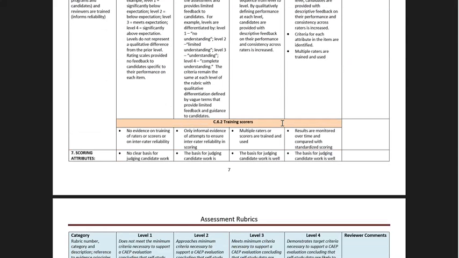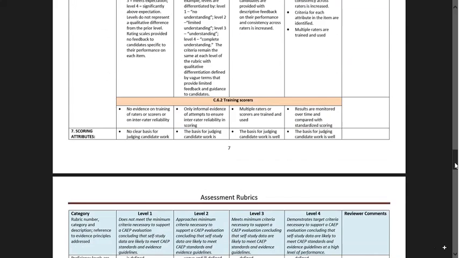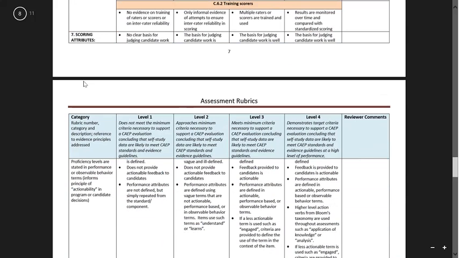And that in the highest category of performance, the results of the candidate evaluation scorings are monitored over time and they're compared, okay, so that you can see how things are evolving. And then it talks about scoring attributes as well. And again, you can use these rubrics as a way to evaluate your own rubrics and scoring guides in thinking about how might we improve.